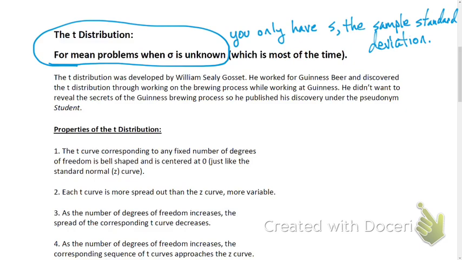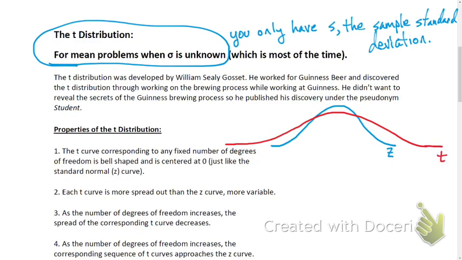So if you call this blue curve the Z curve, remember that is your perfect bell curve, perfection in terms of bell-shaped. T is more variable, it's more spread out, but yet it still is bell-shaped. So it looks something like that.